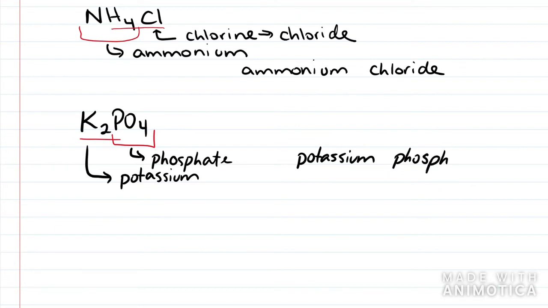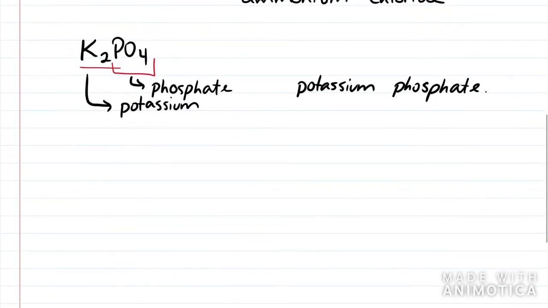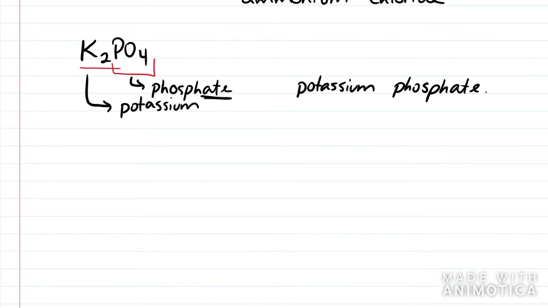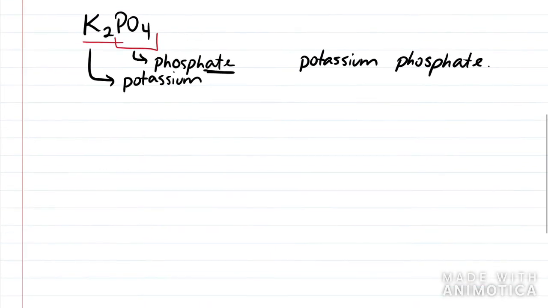And you have to be really careful with these, because if you look at your periodic table and your data booklet, we have phosphate, we have phosphite, we have phosphide. We have three different things that look very similar, and you have to be very, very careful with what ending you use, and you can't change it unless there's a reason for it.